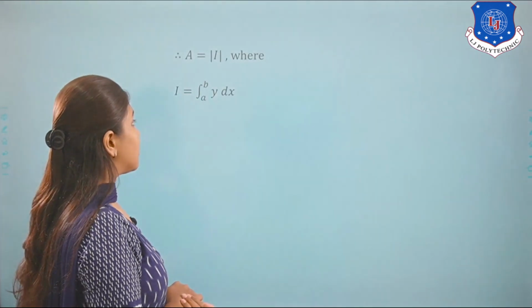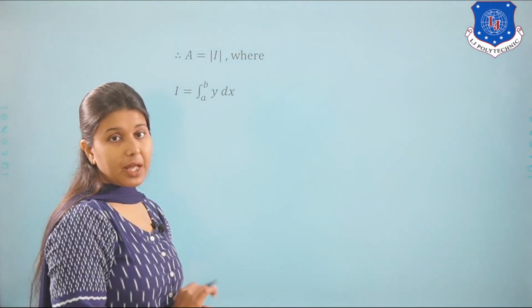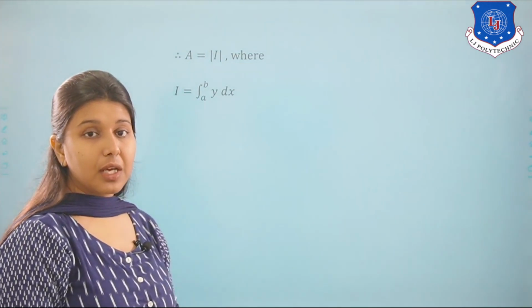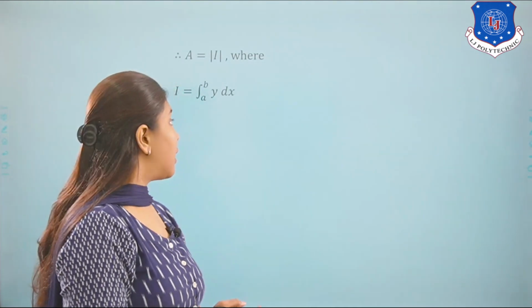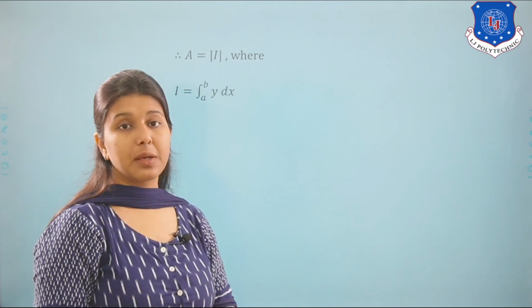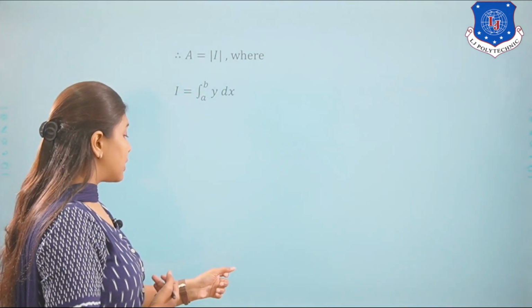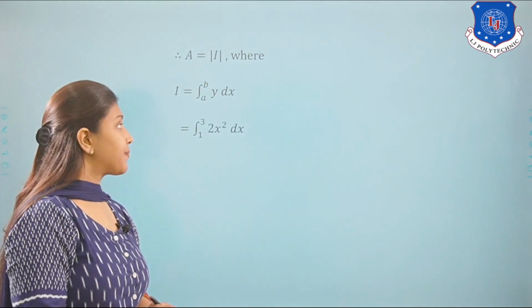Now in this term we have all the values of a, b and y. Your value of a and b as 1 and 3 and your value of y is nothing but your parabola, that is 2x square. Putting all the values in this term, we have this, right?